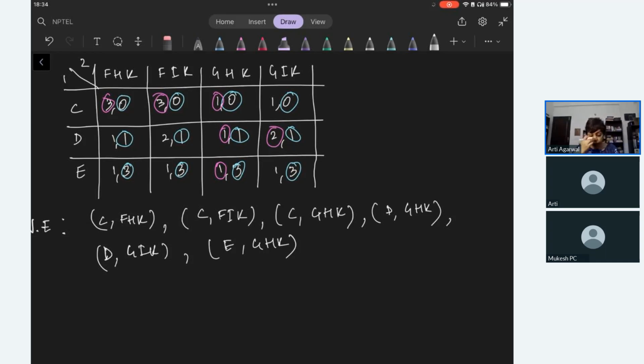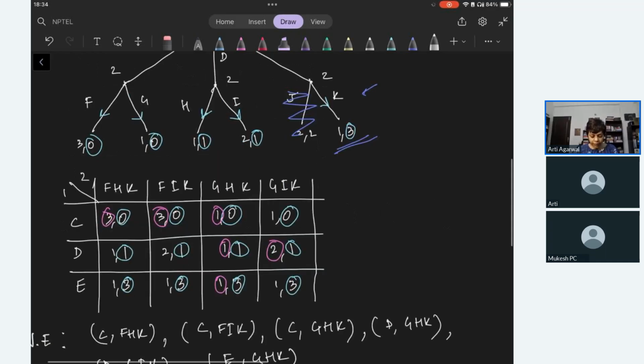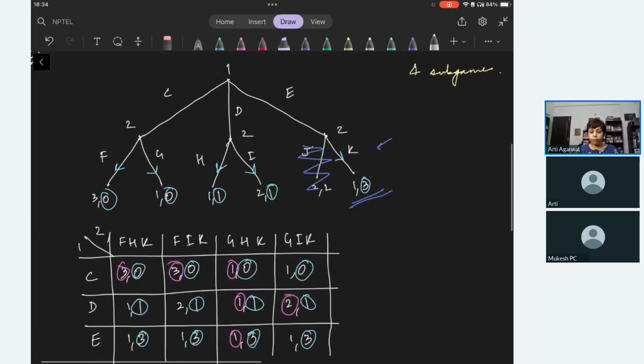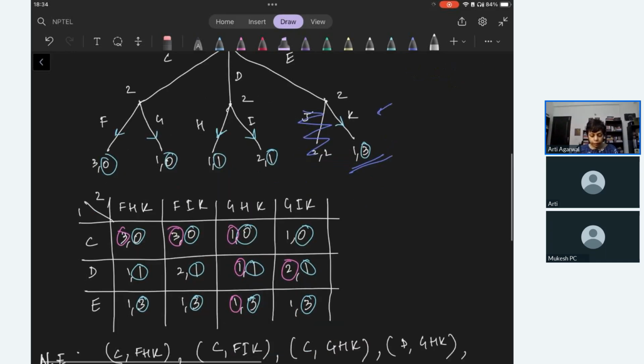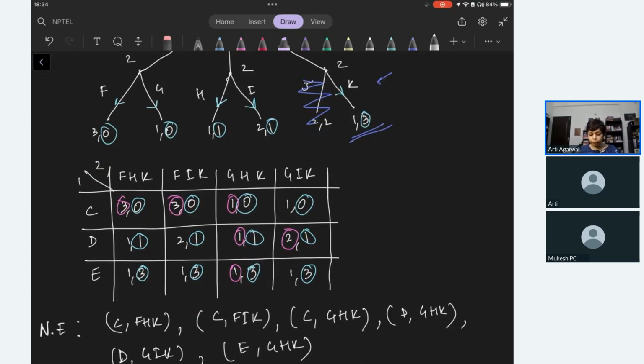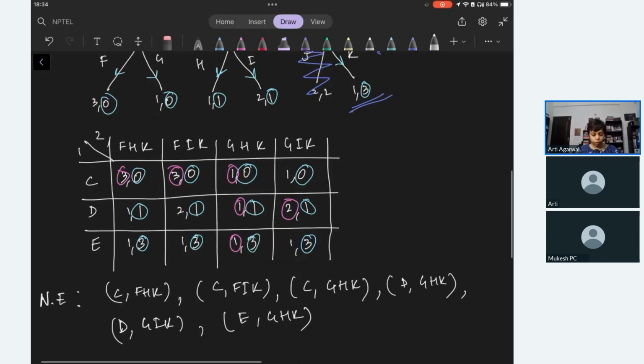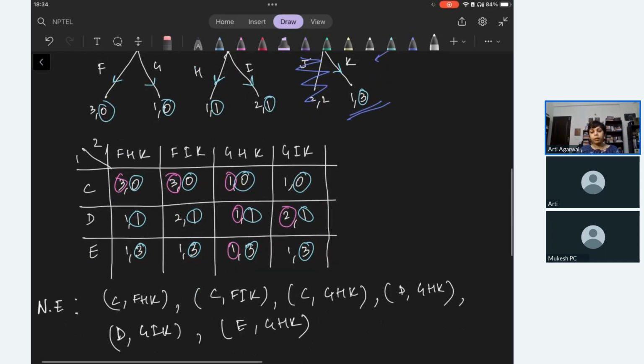Okay, so let me look at the game. So C, F, H, K. Now you see, when we were talking about the two subgames, the second two subgames, we were clear that between F and G and H and I, both are played by player two. So strategies which have F, H, F, I, G, H, G, I, and which have K, all of them are going to be rationalizable.